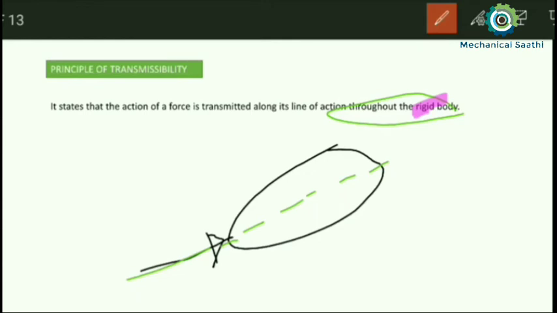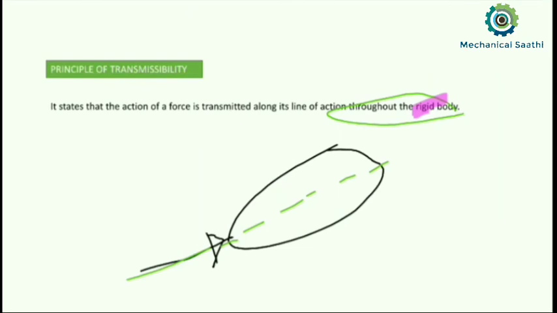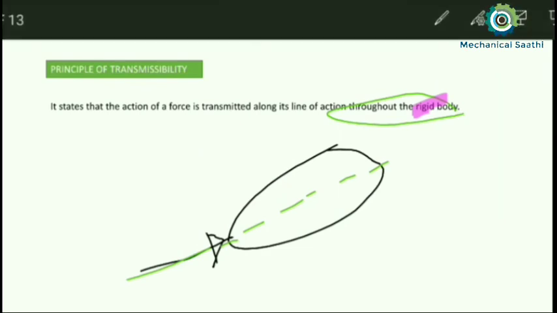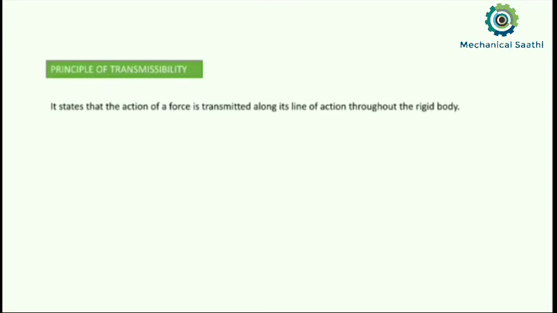The effect of that force, if acting at any point along the line of action, will not change. So I think you have understood the concept of transmissibility. Let us read it again: the action of force is transmitted along the line of action throughout the rigid body.